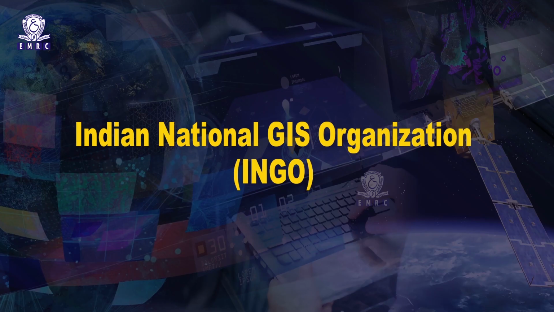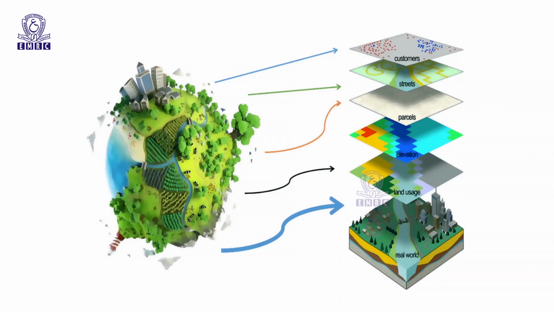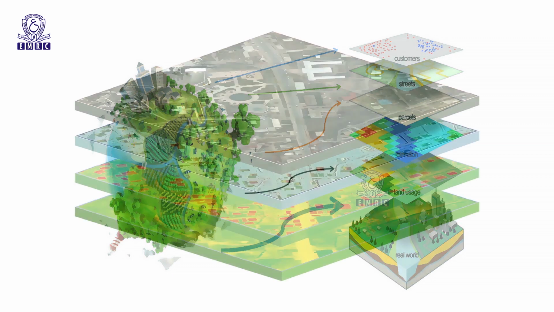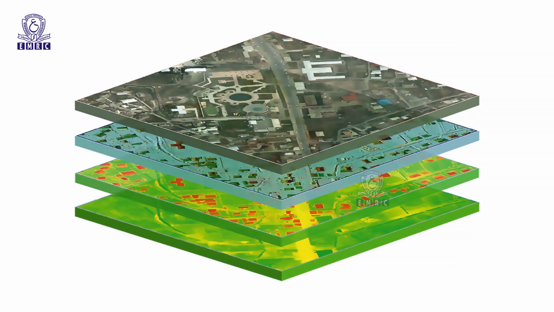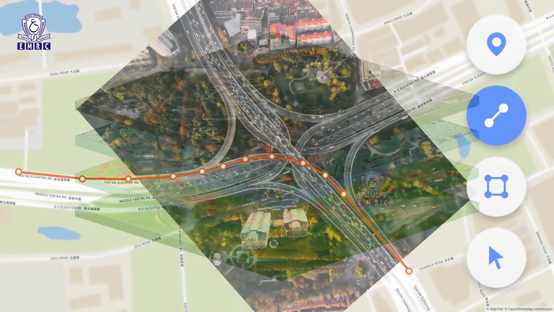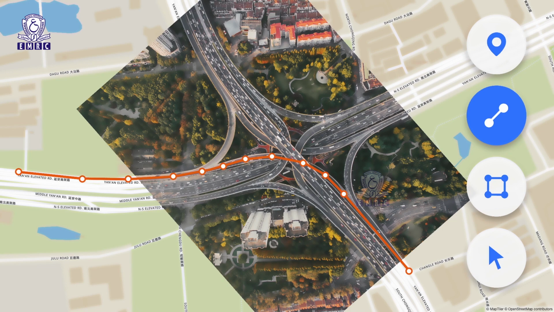The Indian National GIS Organization, INGO, would have the primary mandate for the establishment, maintenance and operation of national GIS. It would be responsible for guiding and shaping disparate components related to infrastructure, technology and service into a cohesive system.